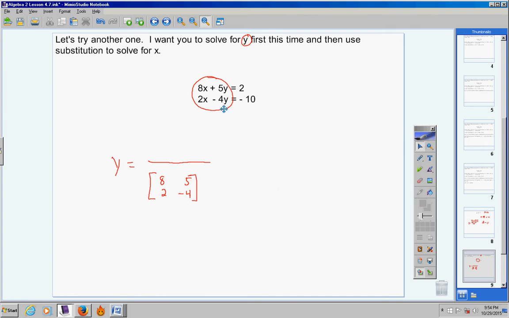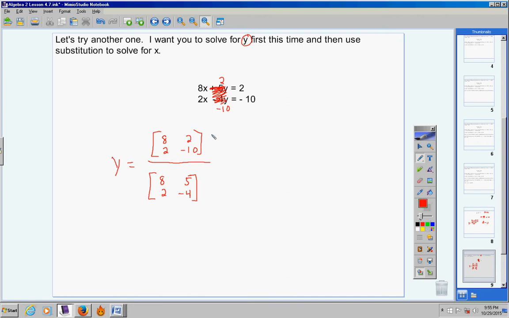Now, notice you're solving for y. So you come up here and you cross off the y column, and in place you put these two numbers, 2 and -10. So up top here I'm going to put 8, 2, 2, -10. Order is very important. You cannot put this column first. The order is very important, okay? Alright, let's multiply up.